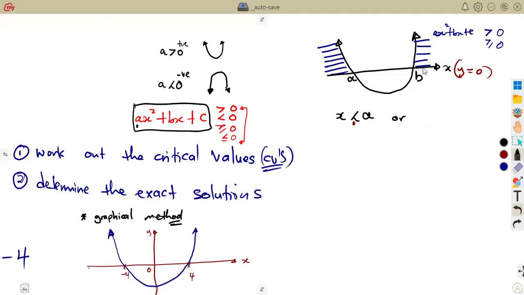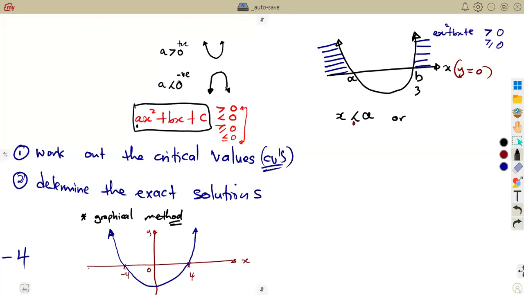Another solution will be the values from B. Remember, we've got this side and we also have this side. On this side of our graph, these values, let's say this is a 3. How do you count values going to the right side? They're increasing: 4, 5, 6, 7, 8, 9, 10.